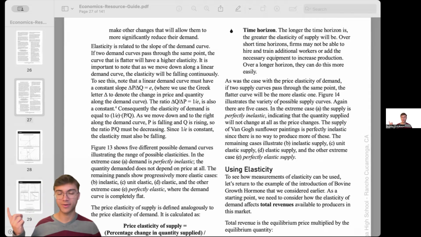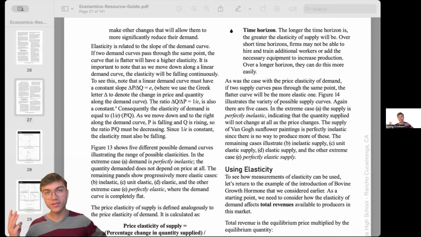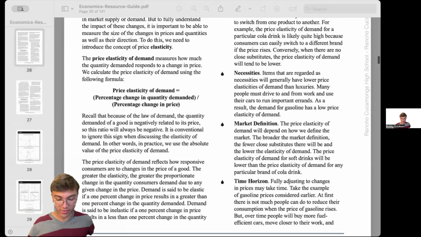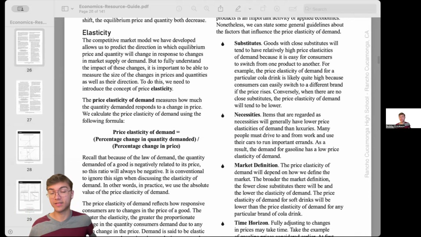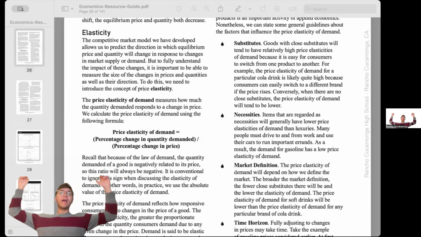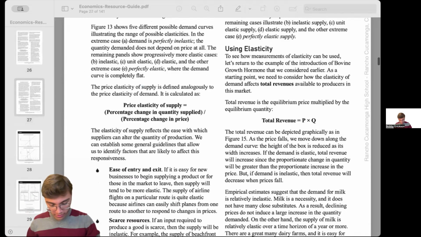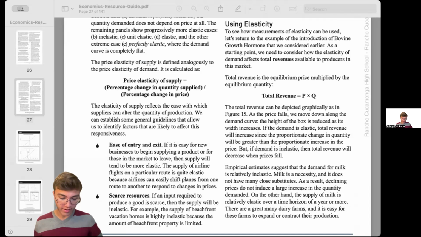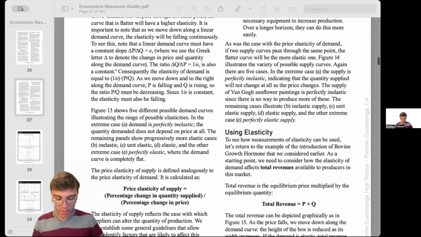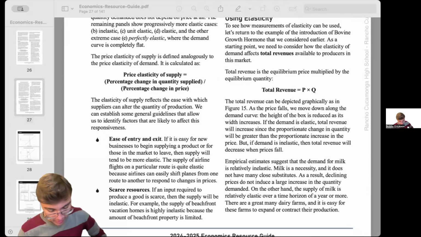So far we have time horizon, market definition, close substitutes, yes, close substitutes. And there was one more. I'll go ahead and show it. Necessities. So we have those four, but we only have three when it comes to the price elasticity of supply, and that is ease of entry and exit, scarce resources, and time horizon. So, ease of entry and exit.